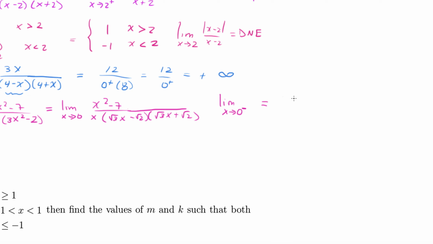So it's going to be negative 7. 0 from the left is going to be 0 from the left here. 0 from the left is going to be negative radical 2. Oh, so I didn't even need to do any of these factorizations because that's going to give you negative 2.